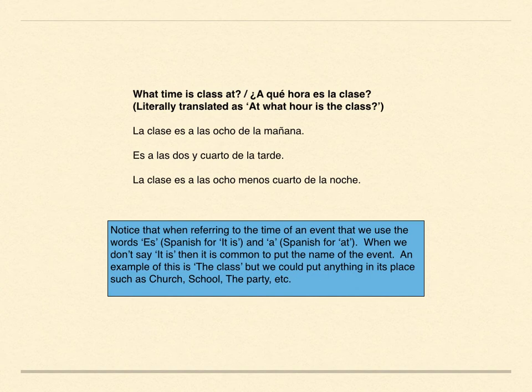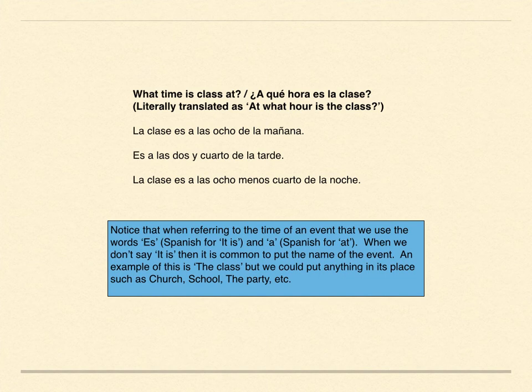We just simply say it is at. Es a. Es a las 2:15 de la tarde. And finally, another example, la clase es a las 8:45 de la noche. So the class is at 8 minus a quarter, or a quarter till 8 at night.